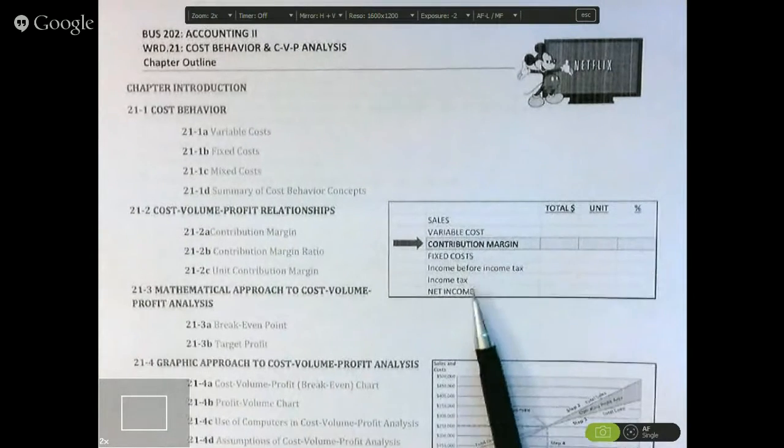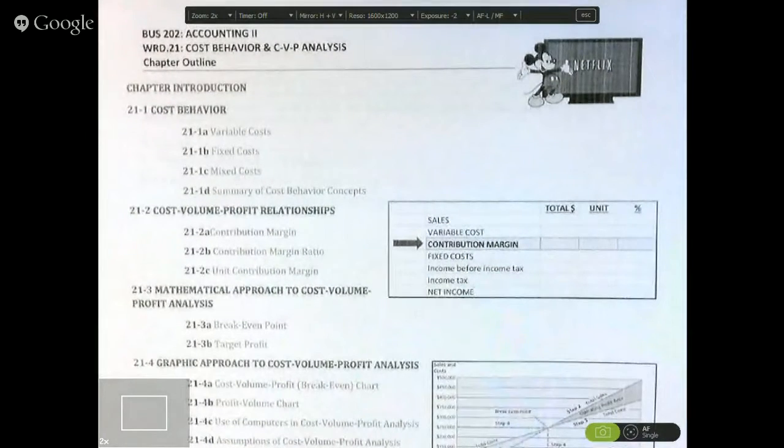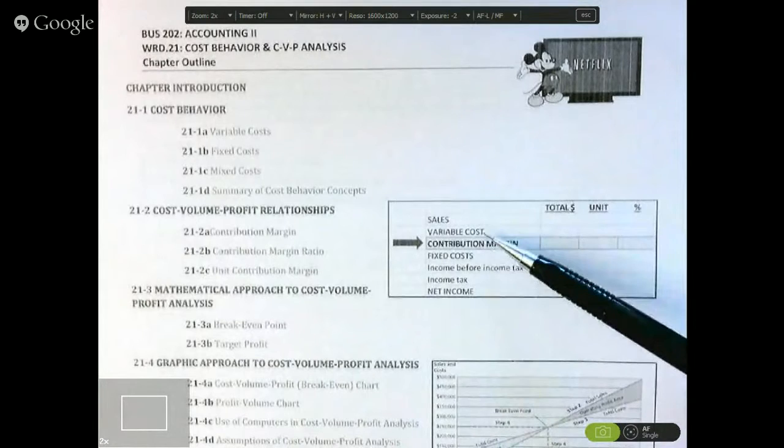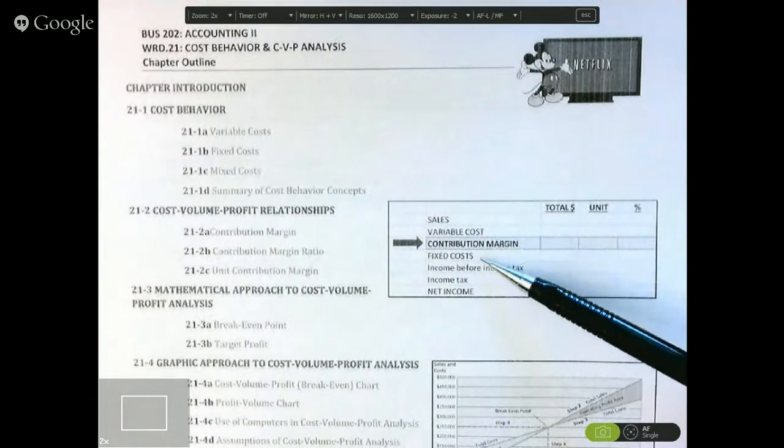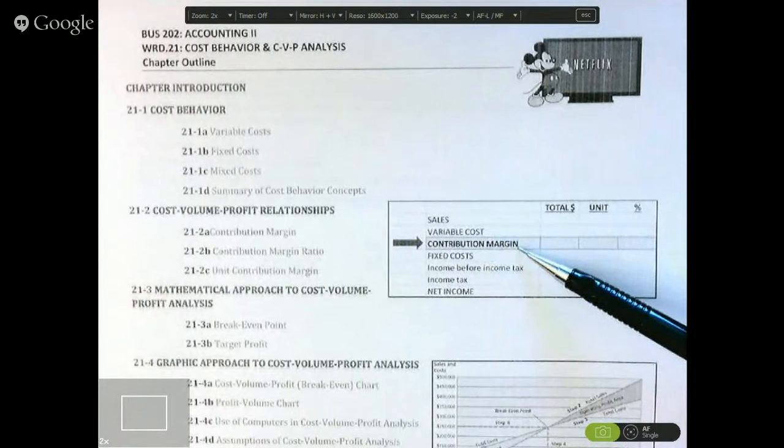How this is arranged is in a cost behavior format, meaning that all the variable costs for manufacturing only are shown as a deduction from sales, and all the fixed costs are treated in total. We have a new term here known as contribution margin.